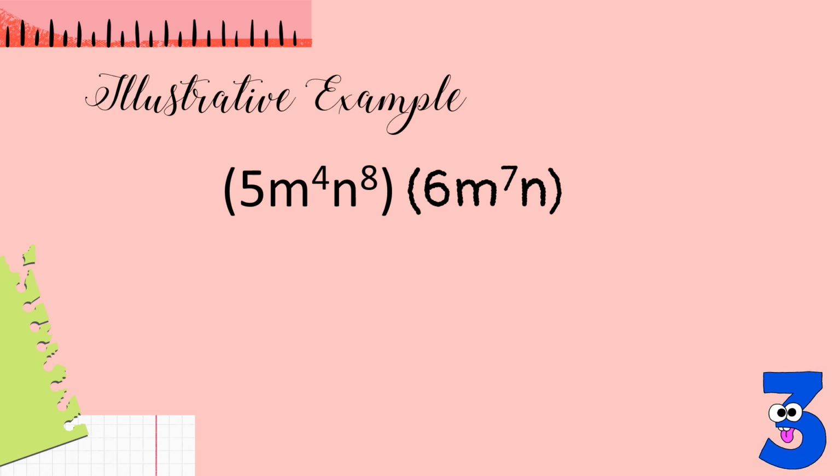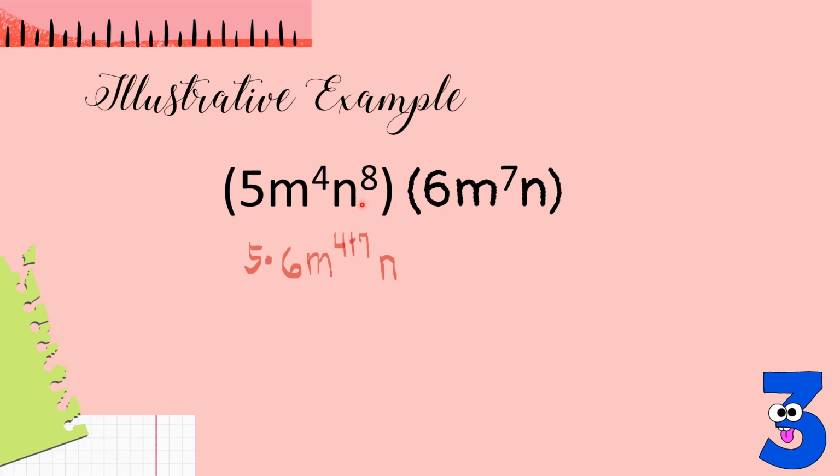Number 3, 5m raised to 4 n raised to 8 multiplied by 6m raised to 7 n. So again, we multiply 5 and 6. 5 times 6, and then we have the bases m and n. So we copy the bases m and n, and then we add their corresponding exponents. For m, we have 4 and 7. So we add 4 and 7.